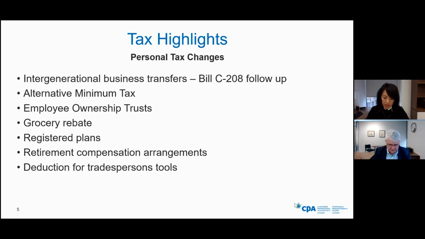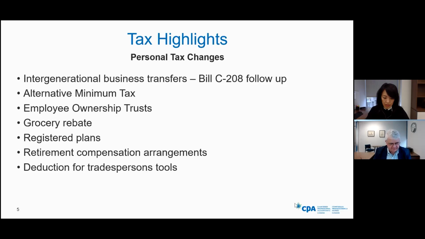So there's quite a list of items in there. They'll have to be added back essentially to the AMT base before you calculate the tax. Same idea on some of the credits. Again, you'll only be able to claim 50% of the amounts that you claimed for the calculation of basic federal tax. So there's a lot of change there for sure.